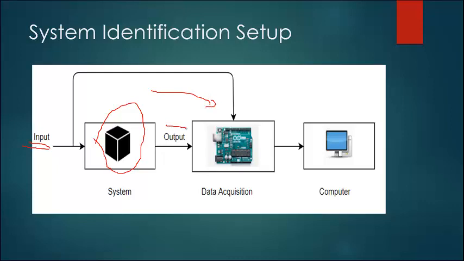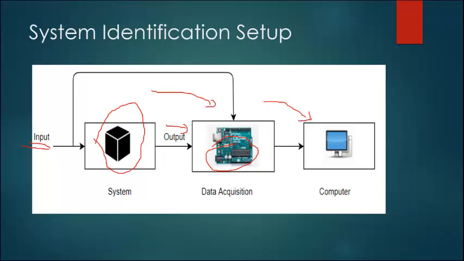The input and the outputs have to be recorded in a synchronized way. We take the input and the output, which are simultaneously recorded using a data acquisition device, which in this case is this little microcontroller, Arduino Uno. And after that, what we do is we take this data and we plug it into a computer.